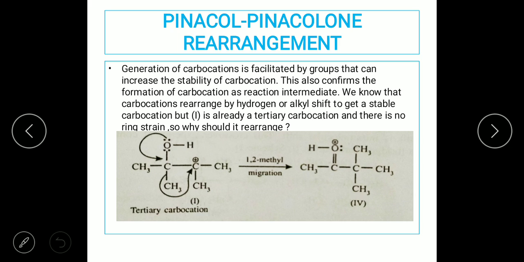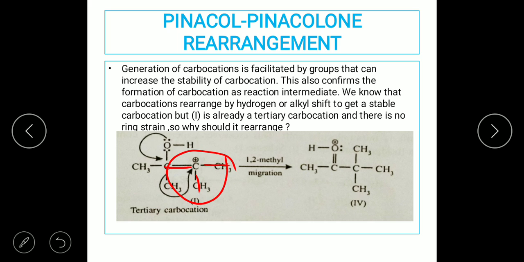Now let us look at these two structures with respect to the octet configuration. When you look at structure 1, if you look at the carbocation and count the number of electrons around it, it gives 6 electrons: 2 electrons here, 2 electrons here, and 2 electrons here, along the carbonyl carbon and this carbocation.